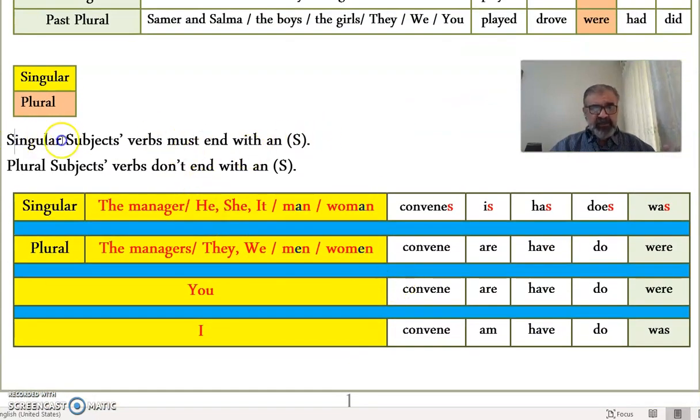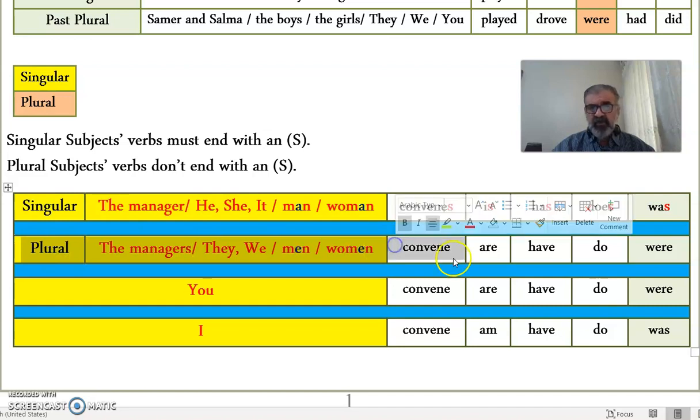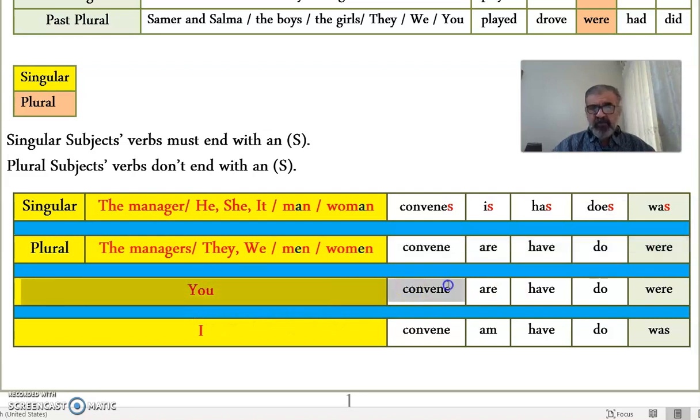All singular subjects, their verbs must end with an S. And all plural subjects, their verbs don't end with an S, just like we said before. Singular: the manager, he, she, it, man, and woman, their verbs end with an S. While the plural: the managers, they, we, you, men, and women, they don't end with an S, as easy as that. Now, as for you, it's just like plural, actually.